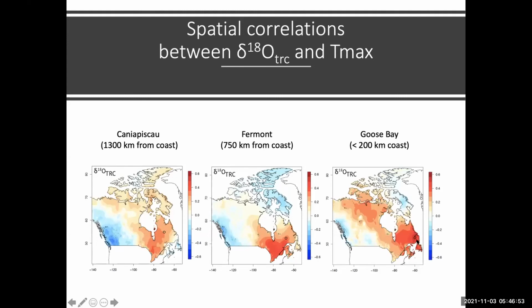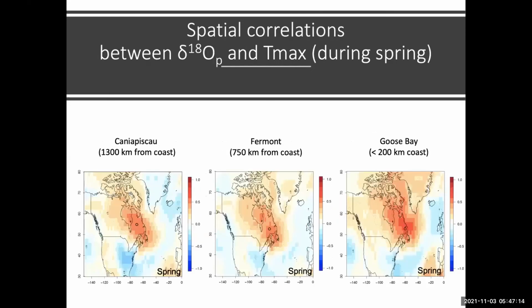So we really get a signal here that is more maritime, I would interpret, as we get closer to the Labrador Sea in Goose Bay. So I would interpret these patterns as being quite different in terms of teleconnection with maximum temperature.